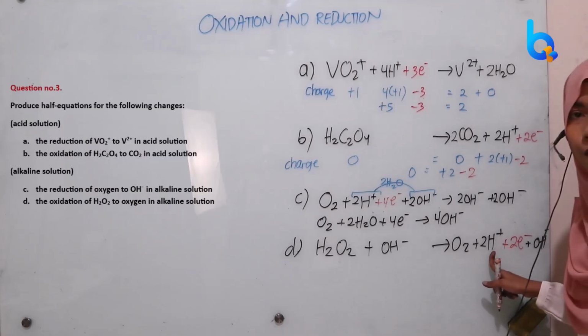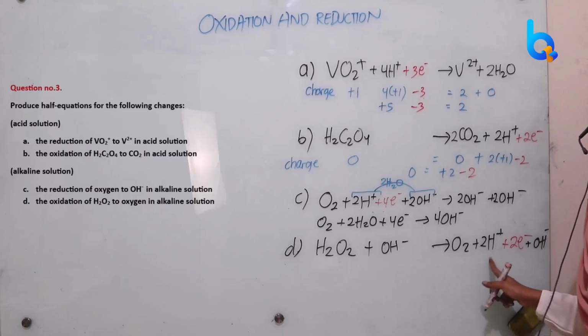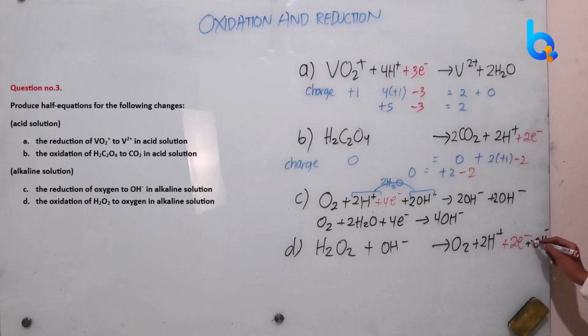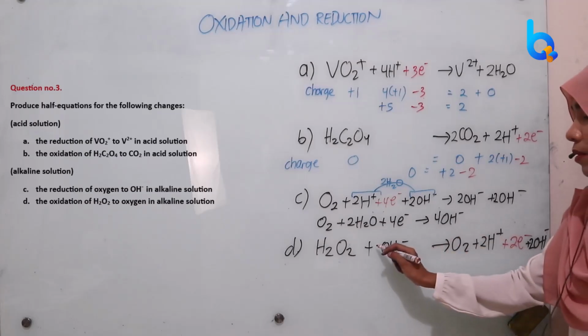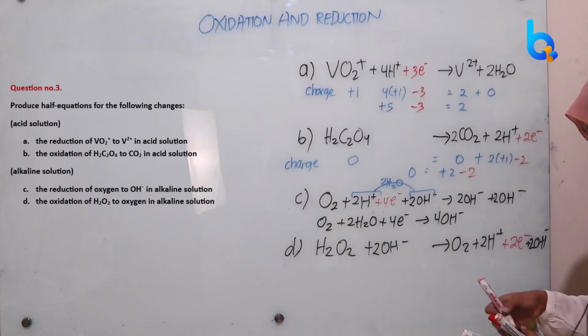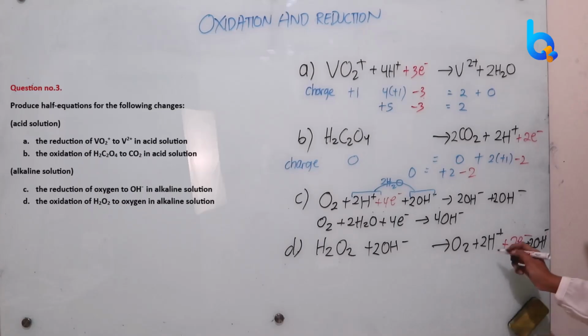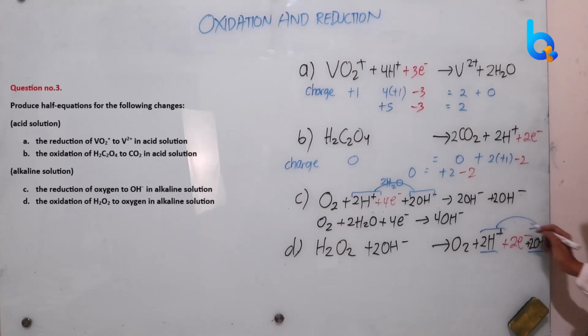Since we have 2H plus, it means we also have to add 2 OH minus, so the same number. If we add 2 OH minus on the right side, we also need to add 2 OH minus on the left side. Later, this H plus and OH minus will be combined into 2H2O.